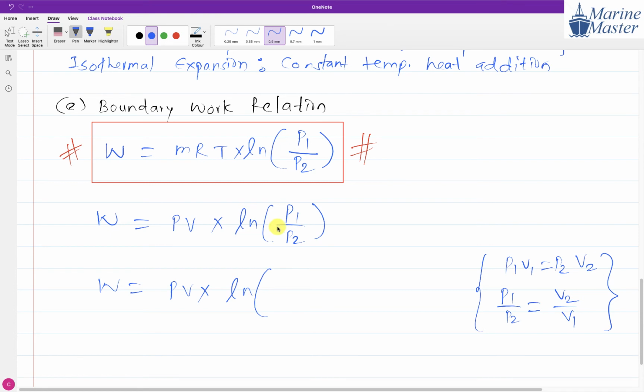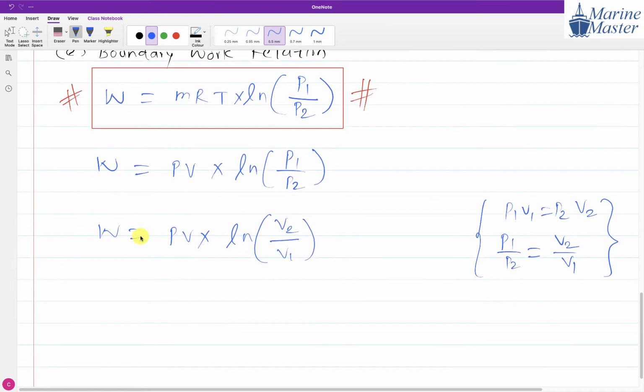So can we replace P1/P2 by V2/V1? Yes. So this is another relation. And for the fourth relation, instead of PV, what can we say? mRT ln of what?